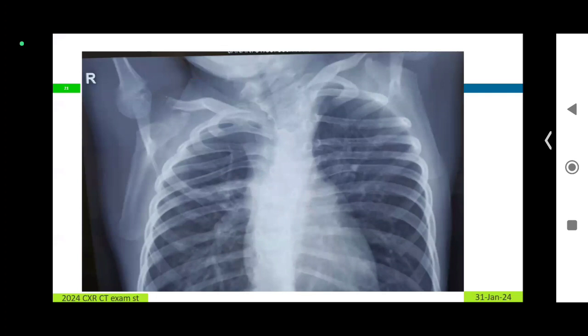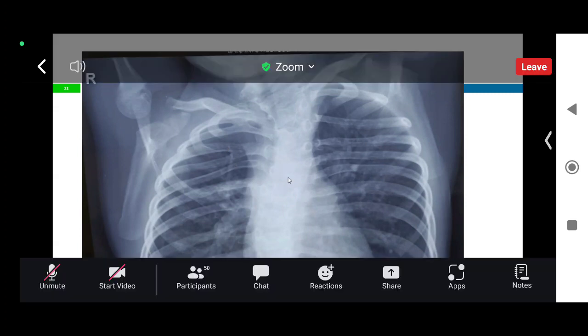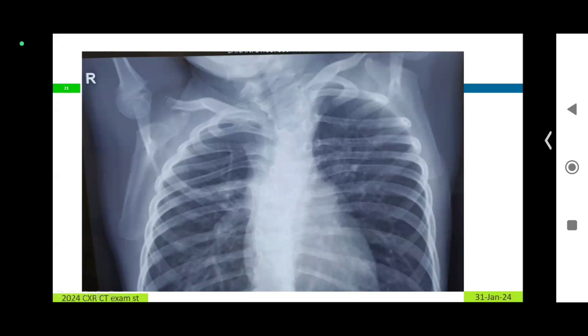Good. Don't get overawed if you are going to see an X-ray like this. Sometimes you can have hemivertebra. Sometimes there can be forking of the ribs. The child will have come to you with kyphosis, scoliosis, sometimes with respiratory distress, and many a times we, including me, examine the child without removing the clothes.